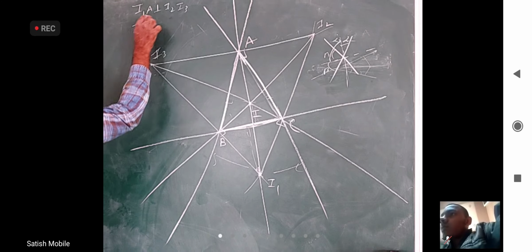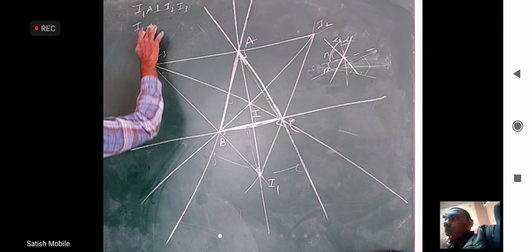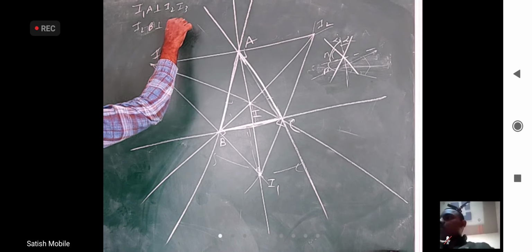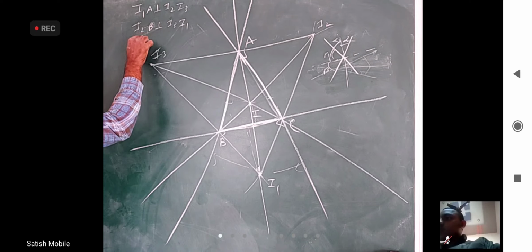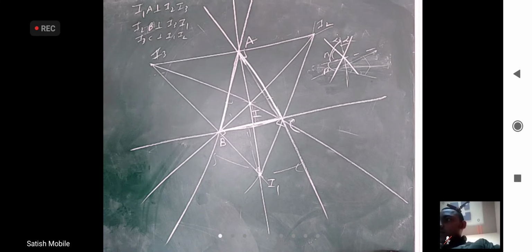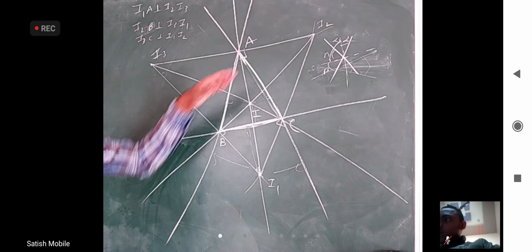I2B is perpendicular to I3, I1, and I3C is perpendicular to I1, I2. So they are all altitudes now.